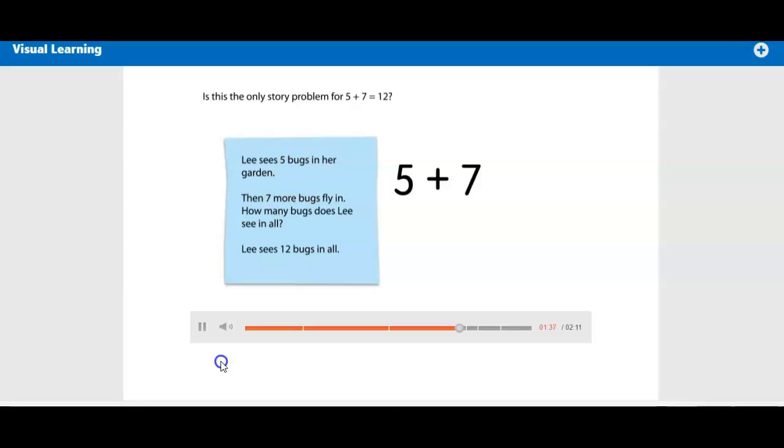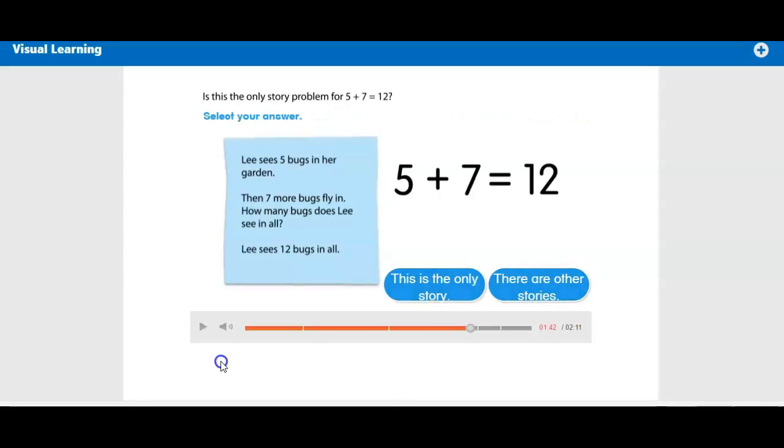Is this the only story problem for 5 plus 7 equals 12? Select your answer. So is this story about Lee and the bugs in her garden the only story problem that somebody could write for 5 plus 7 equals 12?